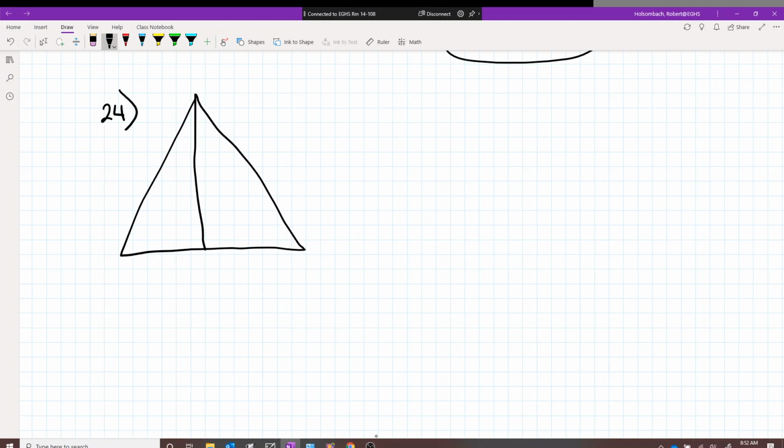Alright, in problem number 24, you got triangle ABC, and then you got two triangles inside of it. Up top, you got two angles that are congruent, and two sides that are congruent. Angle C is 48 degrees.